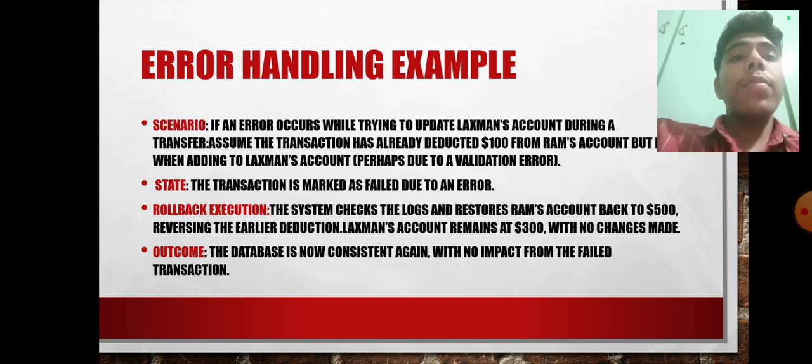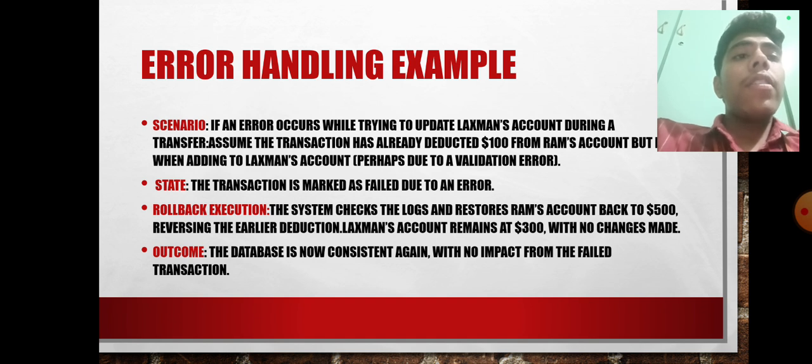The transaction is marked as failed due to the error. Rollback execution: the system checks the logs and restores Ram's account back to $500, reversing the earlier deduction. Lakshman's account remains at $300 with no changes. When $100 was deducted from Ram's account, the balance was $400, but it was not credited into Lakshman's account, which remains at $300 only.